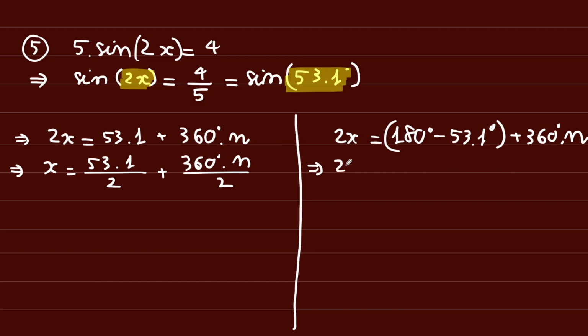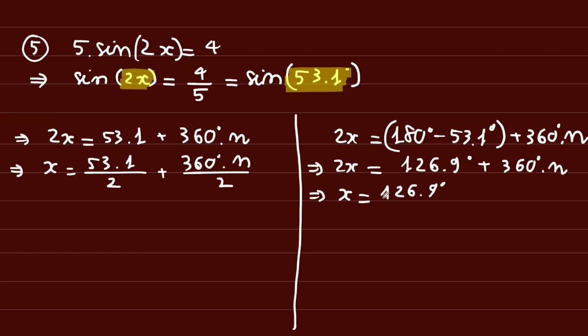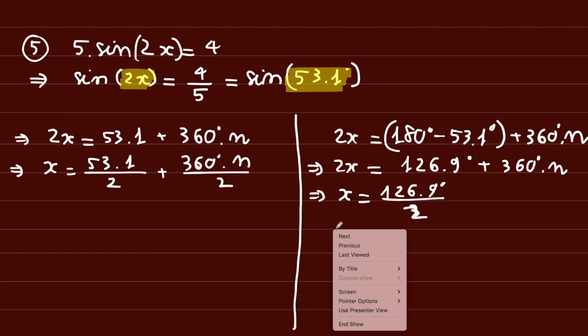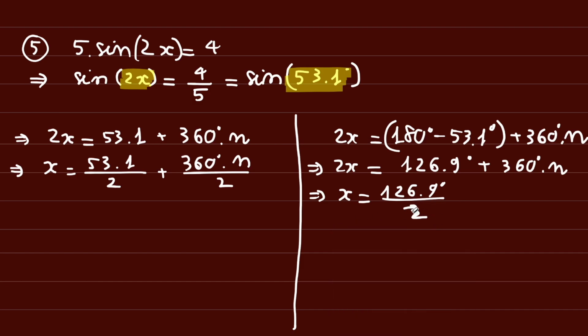And how about this one? I need to convert 180 minus 53.1 equal to 126.9 plus 360 degrees like this. And after that, we divide by 2. This is not divided by 3 anymore, and I think you know the reason. Divide by 2, 360 degrees multiplied by n divided by 2 one more time.